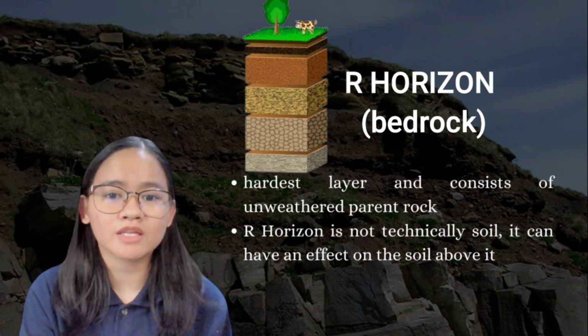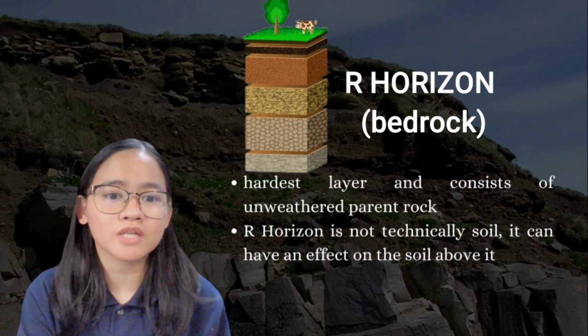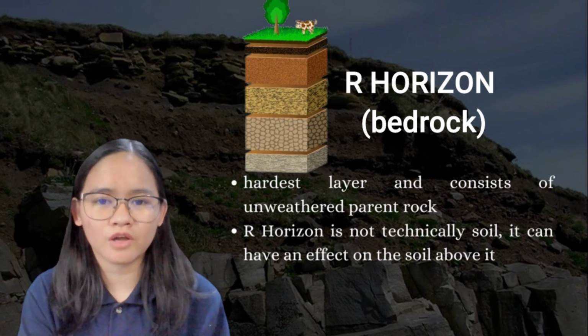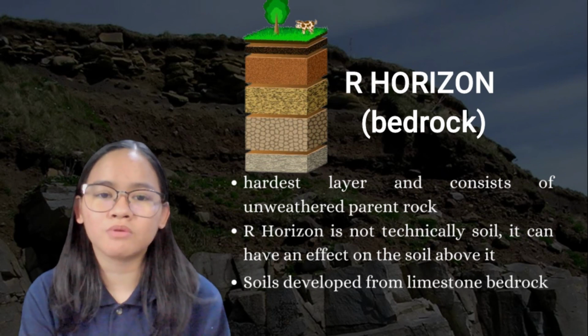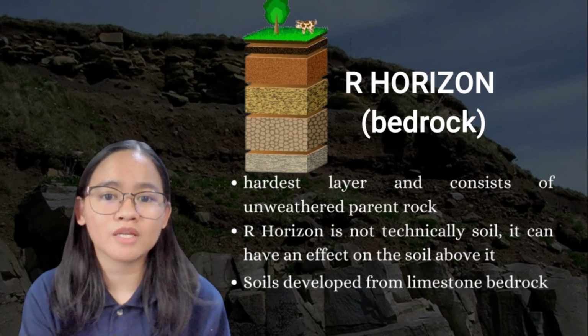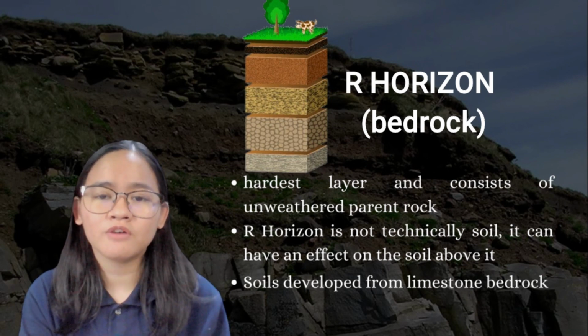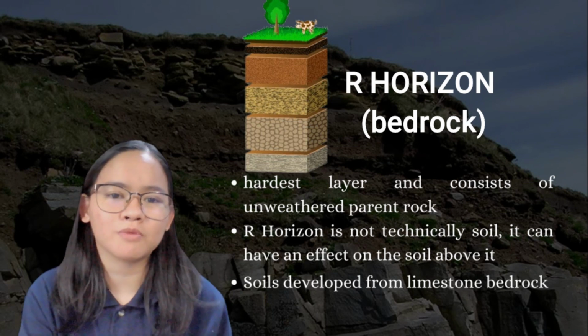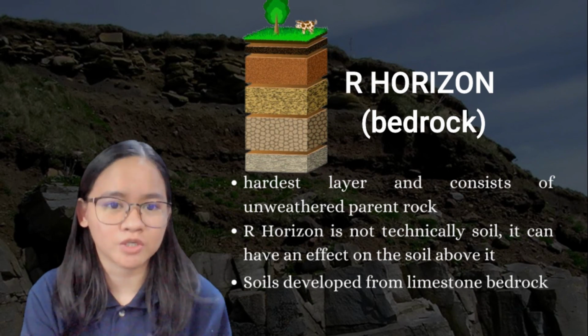The type of rock that makes up the R horizon can have an impact on the soil's nutrient content and general fertility. Soils developed from limestone bedrock, for example, could be more alkaline and have greater quantities of calcium, whereas soils formed from granite bedrock may be more acidic and contain lower levels of nutrients such as phosphorus and potassium.